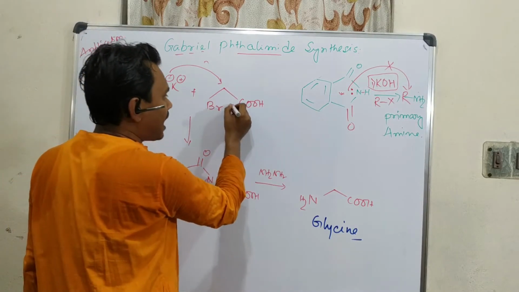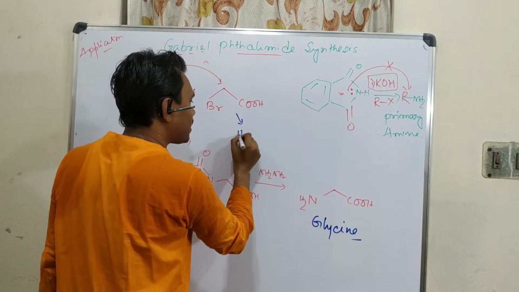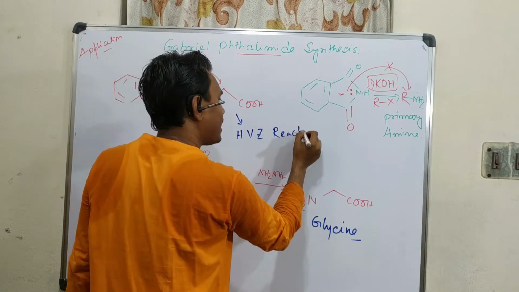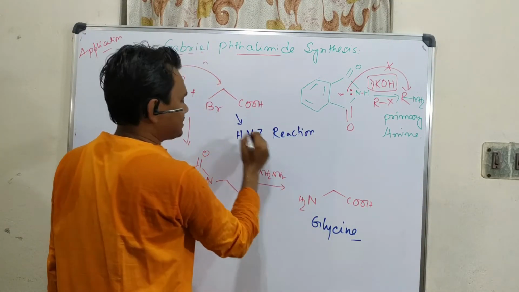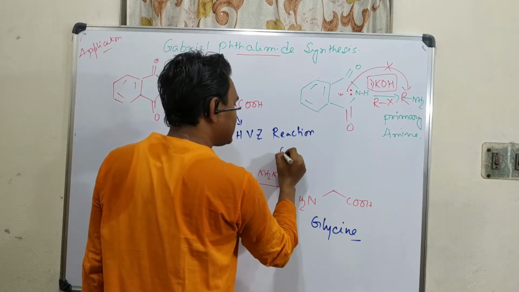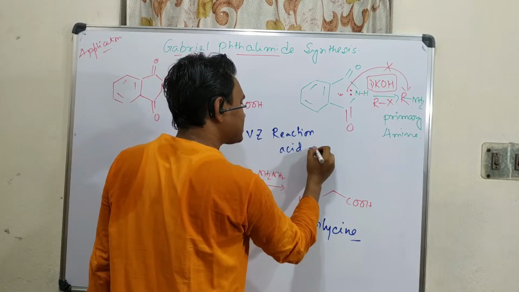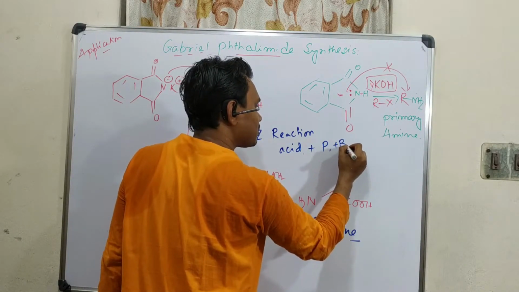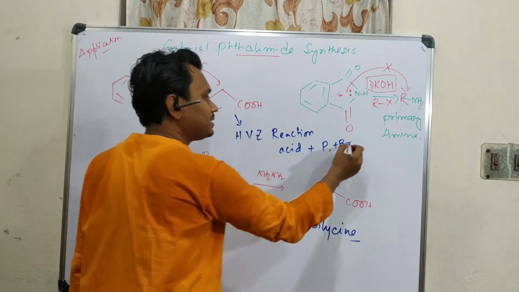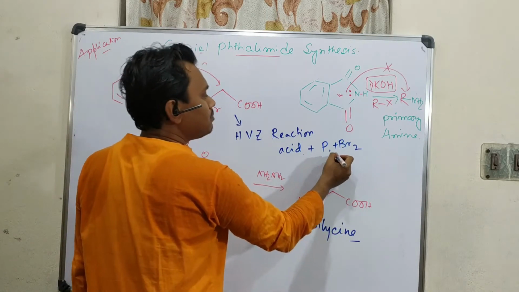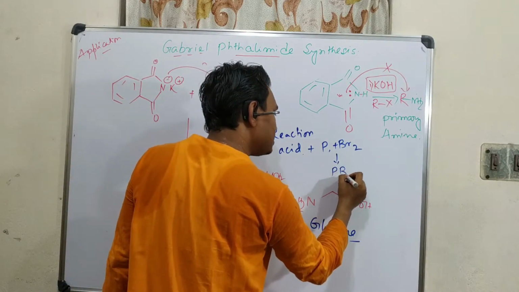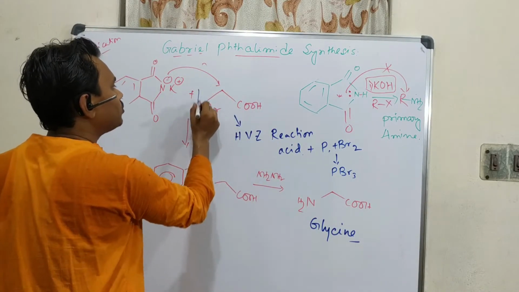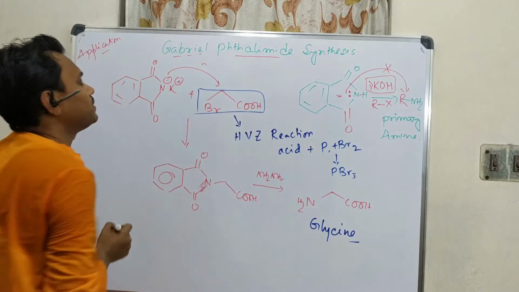How is this material produced? This is produced via the HVZ reaction, where the carboxylic acid plus phosphorus plus bromine is reacted, and in between it produces PBr3, which undergoes reaction here to produce this alpha bromo carboxylic acid derivative.